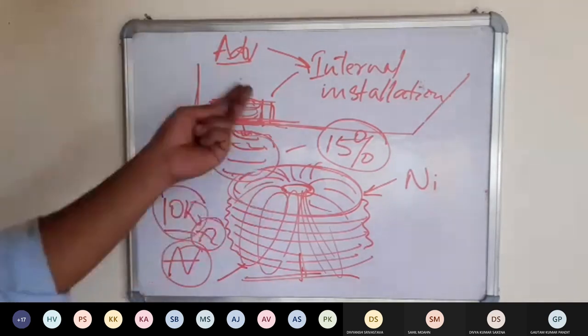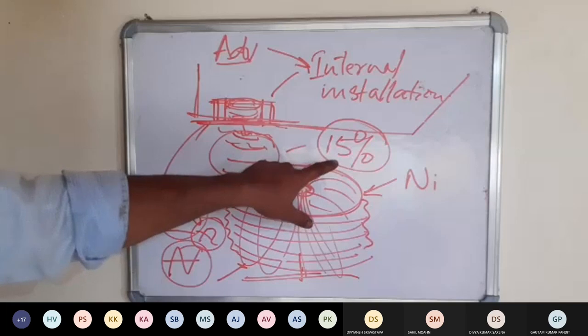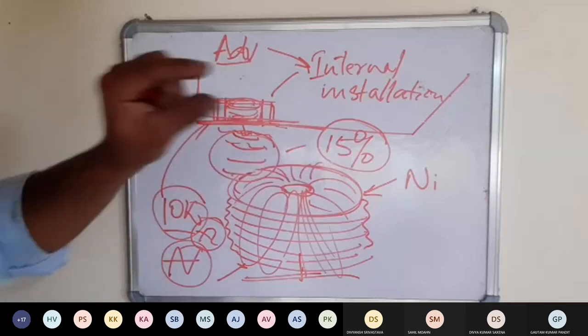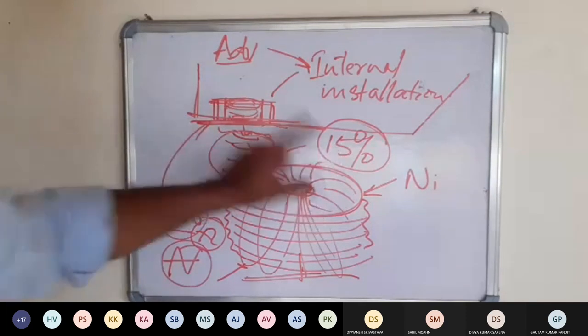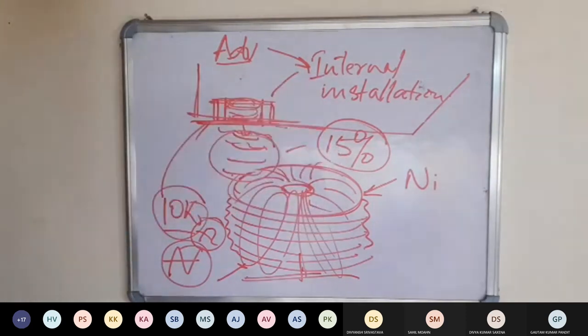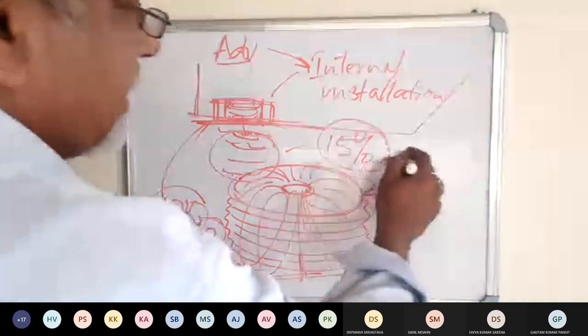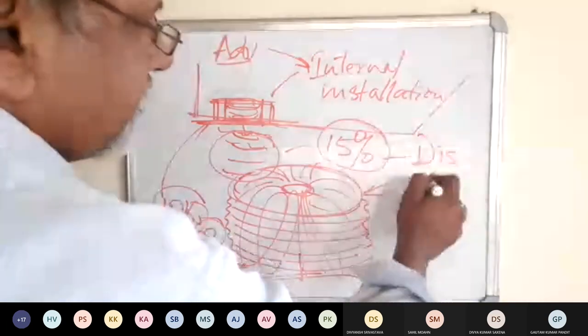Only small amount of energy is transferred, and this 15% depends on the thickness of the hull plate. ज्यादा मोटा होगा तो और इससे कम हो जाएगा, अगर पतली होगी तो थोड़ा ज्यादा भी हो सकता है. So this one is disadvantage.